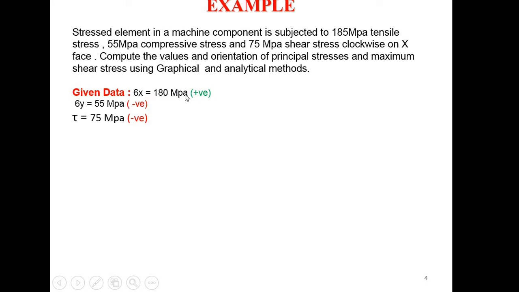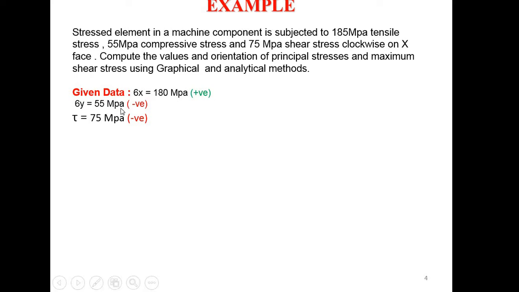So first we'll write the given data. According to the statement, sigma x equal to 185 MPa, and the stress is given tensile. So according to the sign convention, we take tensile stresses positive.